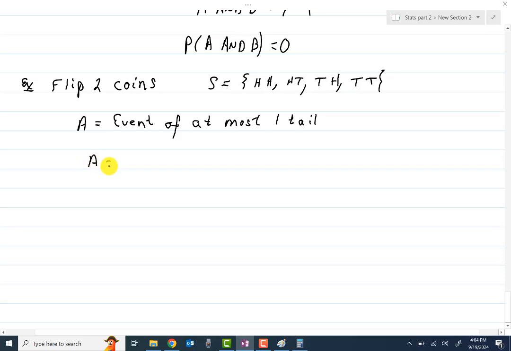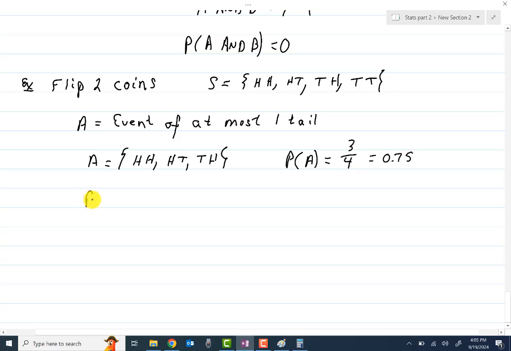So if you were to write the set out, I just write all the ones that have less than or equal to 1 T in them. And then TT is not included in that. While we're here, I might as well put the probability of that event happening. Well, there's 3 options there, out of a total of 4.